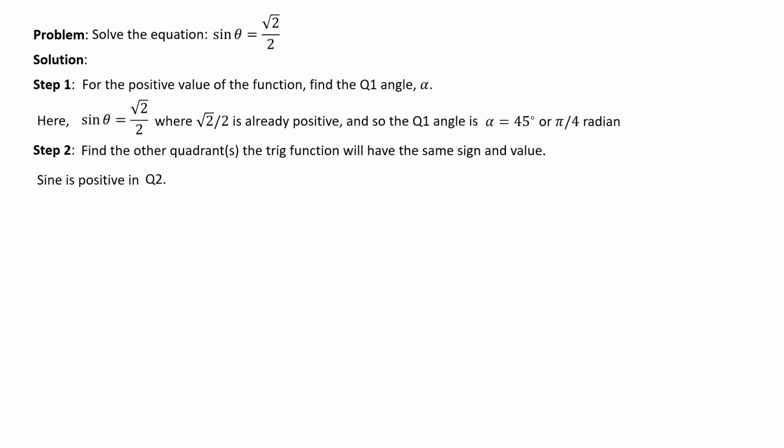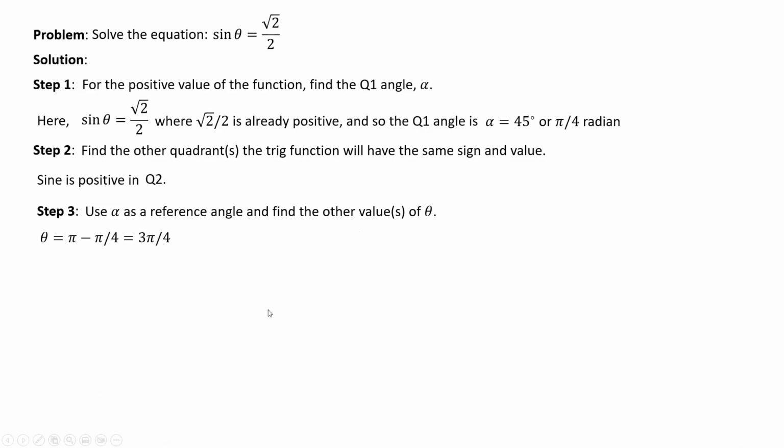Second quadrant. So, step 3. Use alpha as a reference angle and find the other values of theta. See, now we are using this alpha to find not only the first quadrant angle for theta, but also the second quadrant angle.